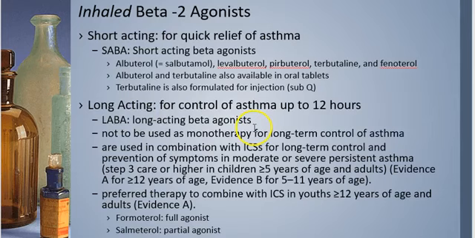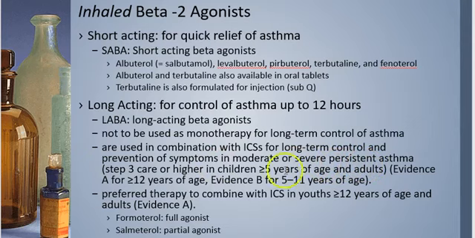Your long-acting ones, which last up to 12 hours, are most often not used as a monotherapy. They're used as an add-on therapy for the control of asthma. And you see them sometimes used in combination with ICS, or inhaled corticosteroids. This is for long-term prevention of symptoms in patients that have moderate to severe but persistent asthma.